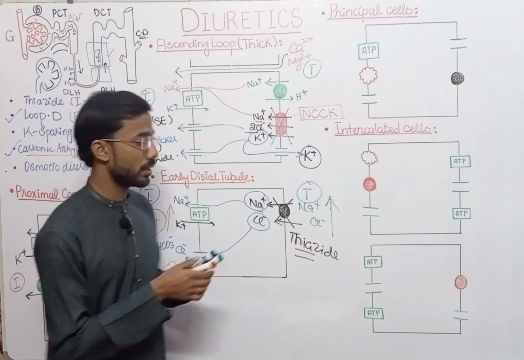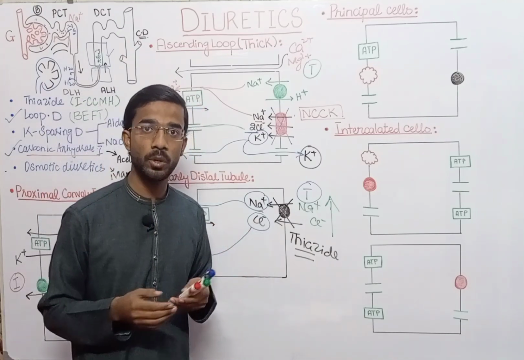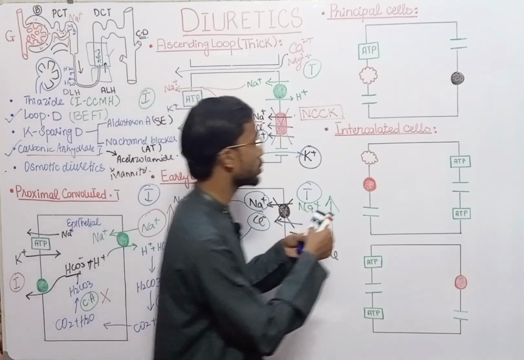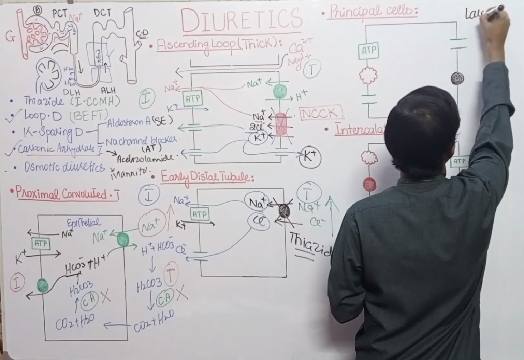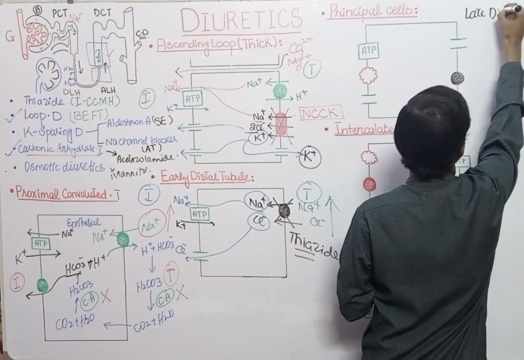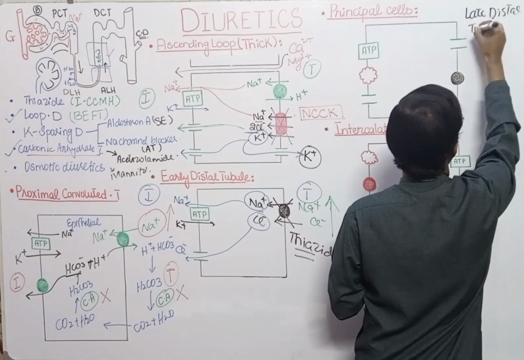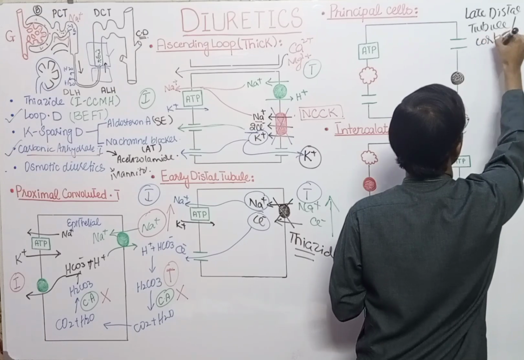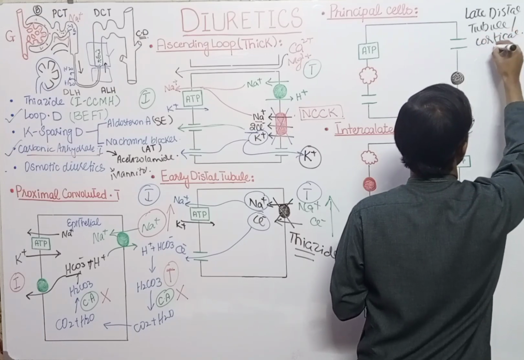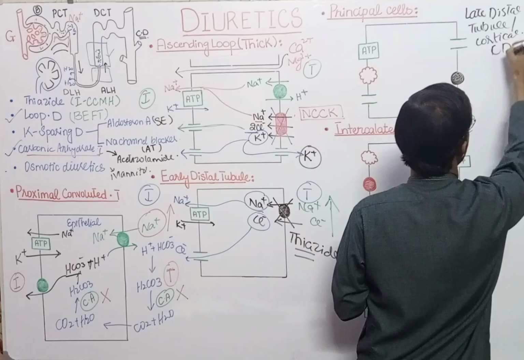Next we come to the late distal tubule, or you can say the cortical collecting duct.